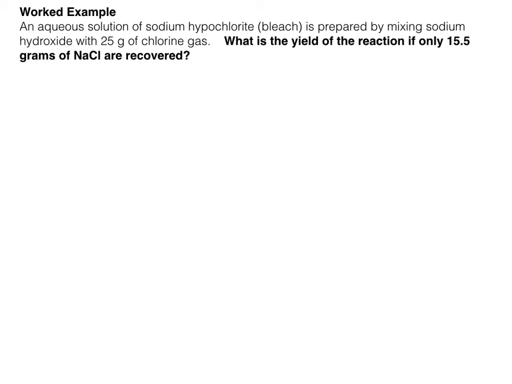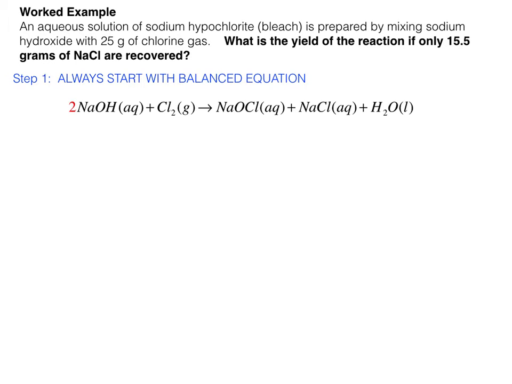Well, the way we're going to start all of these, as always, is with a balanced chemical equation. So if we tease through that word problem above, we could say the balanced chemical equation is really two sodium hydroxides react with Cl2 to produce NaOCl, that's the sodium hypochlorite, plus sodium chloride and water. Now, let's back up and reread the question.